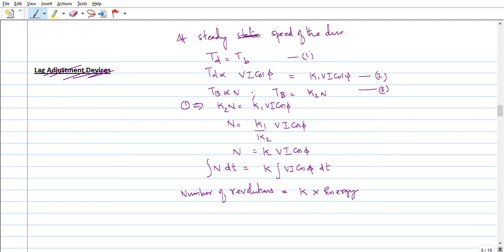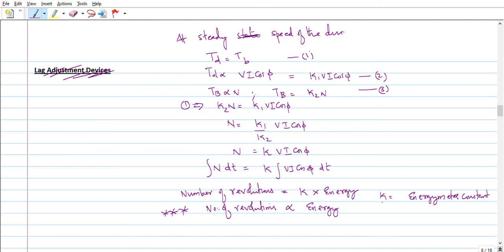Therefore the number of revolutions is proportional to energy. This is the important statement. Number of revolutions is equal to K into energy, where K is called the energy meter constant.